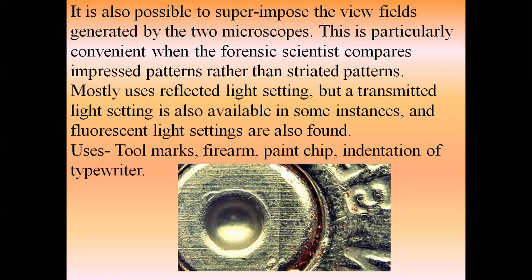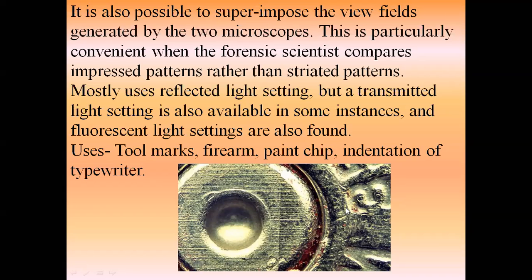So what you do is you do the test fire, you collect the cartridge, you project the base on one side, and the recovered cartridge, and you view from this side. The similar kind of pattern will be formed here also.